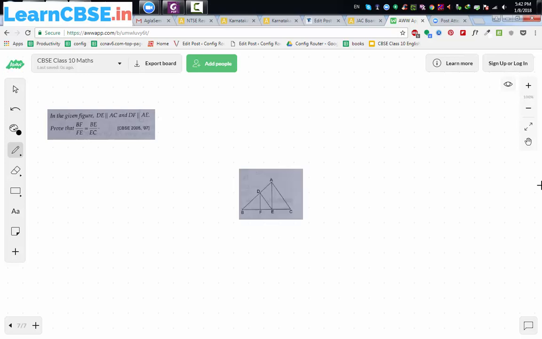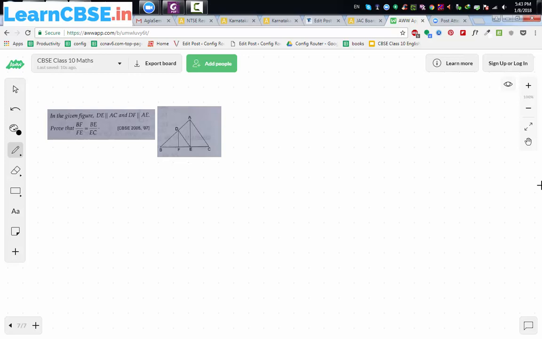And this is the figure given. We need to prove that in the given figure, DE is parallel with AC and DF is parallel with AE.